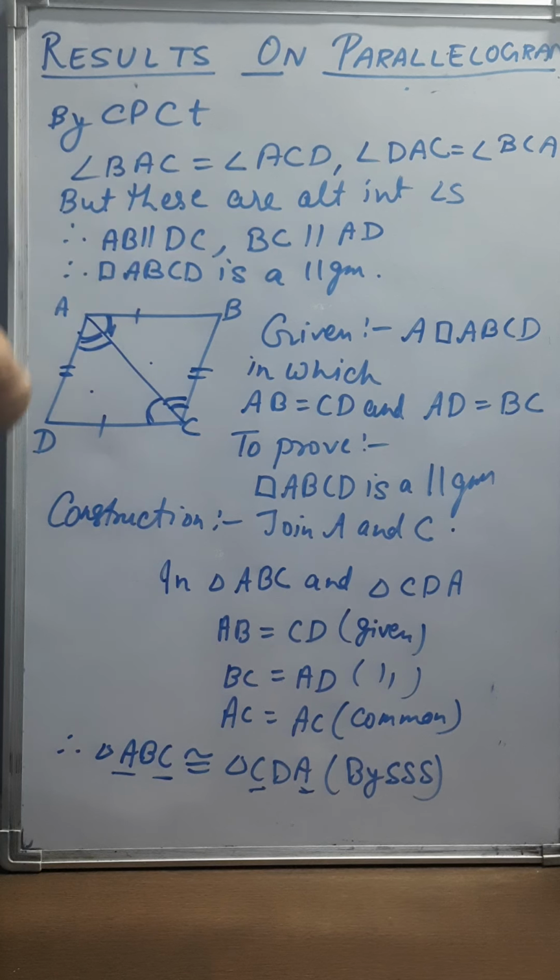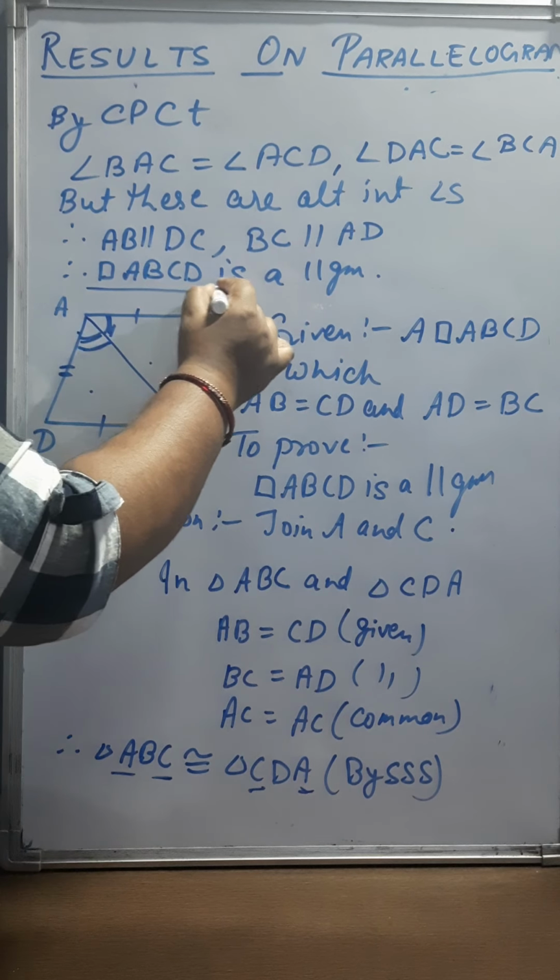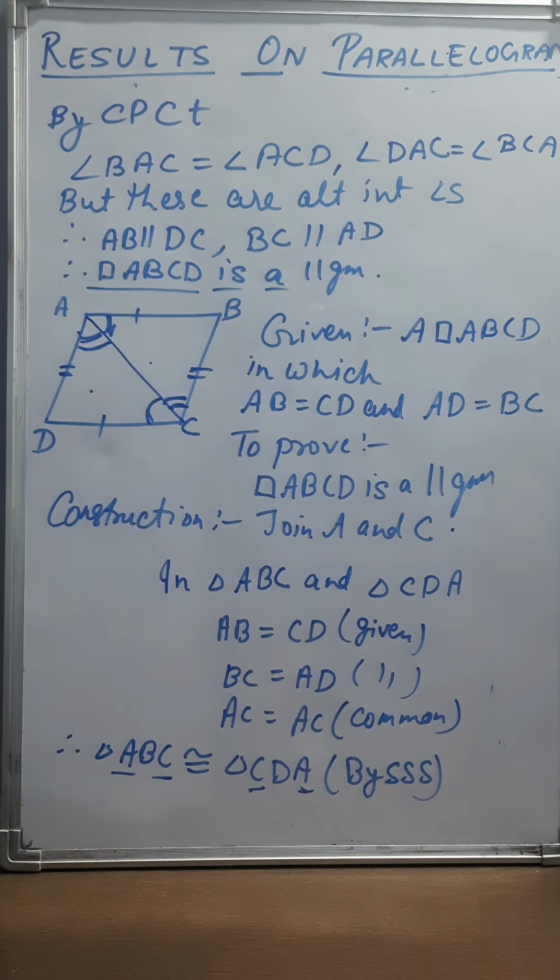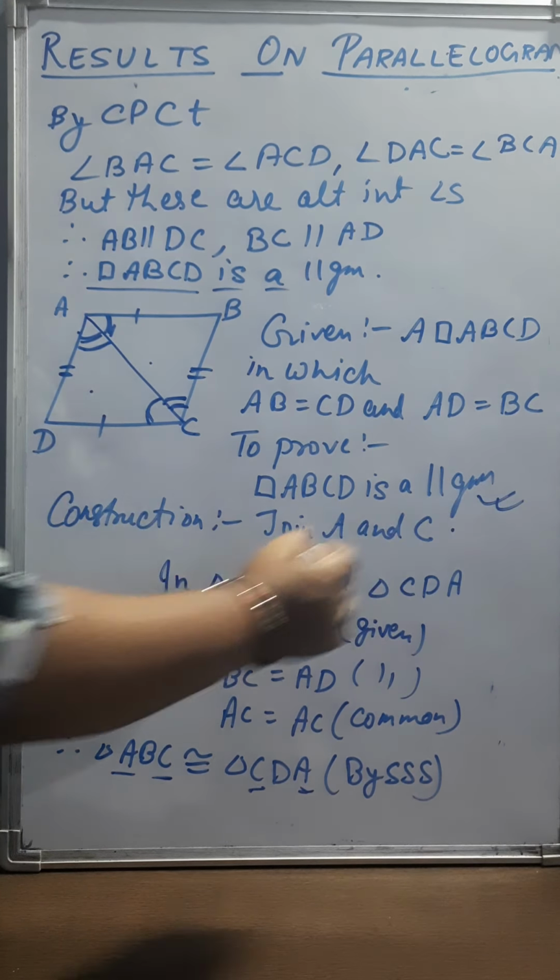But these are alternate interior angles, and we know that if alternate interior angles are equal, lines are parallel. So we can write AB is parallel to DC and BC is parallel to AD. And if both pairs of opposite sides are parallel, this means the quadrilateral ABCD is a parallelogram, which we have to prove.